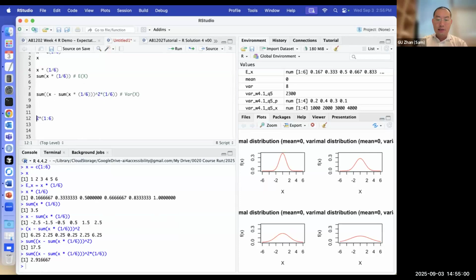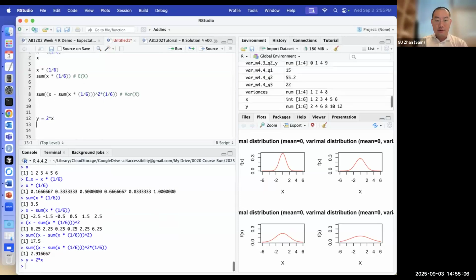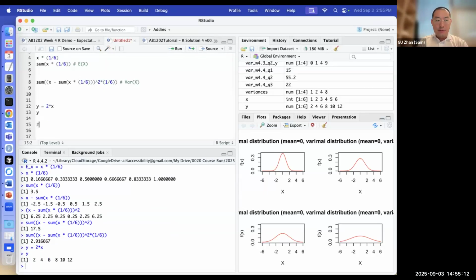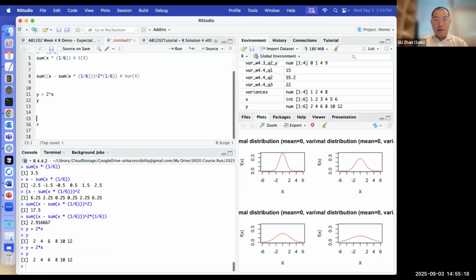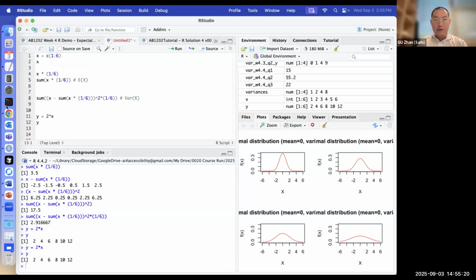So now we say y equals 2x, right? Y equals 2x. So now I have a y here. If y equals 2x, then what is the expected value of y?